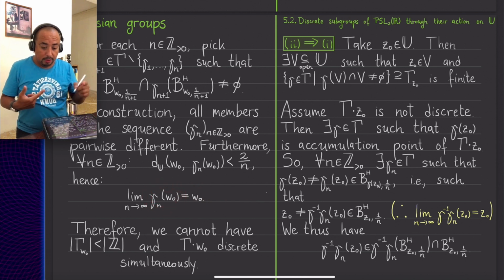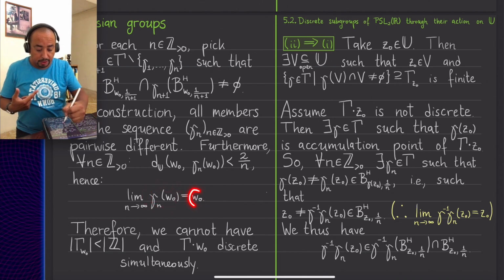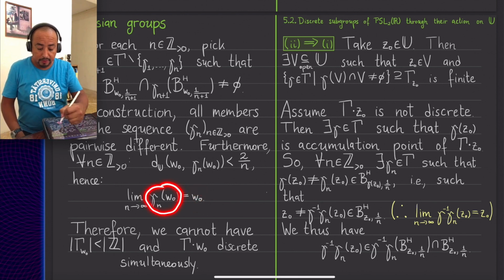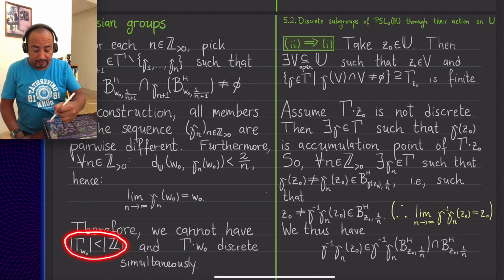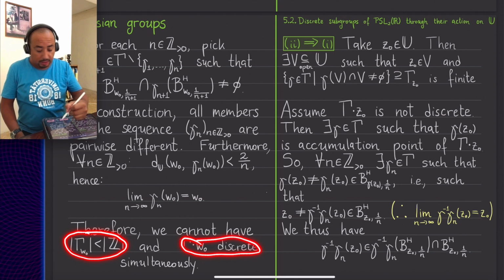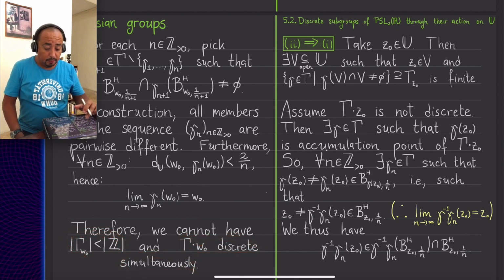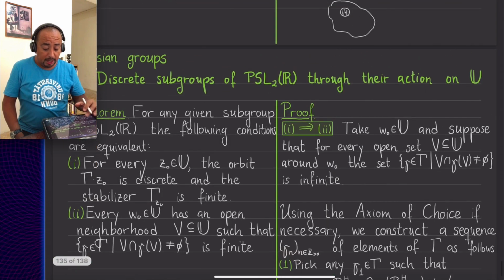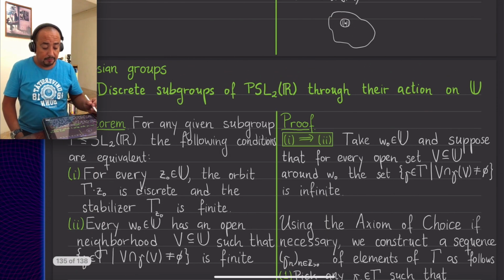Right? So W naught has to be an accumulation point of its orbit. So it cannot happen that this is finite and this is discrete, at least not simultaneously. So we have proved that 1 implies 2 by contrapositive.